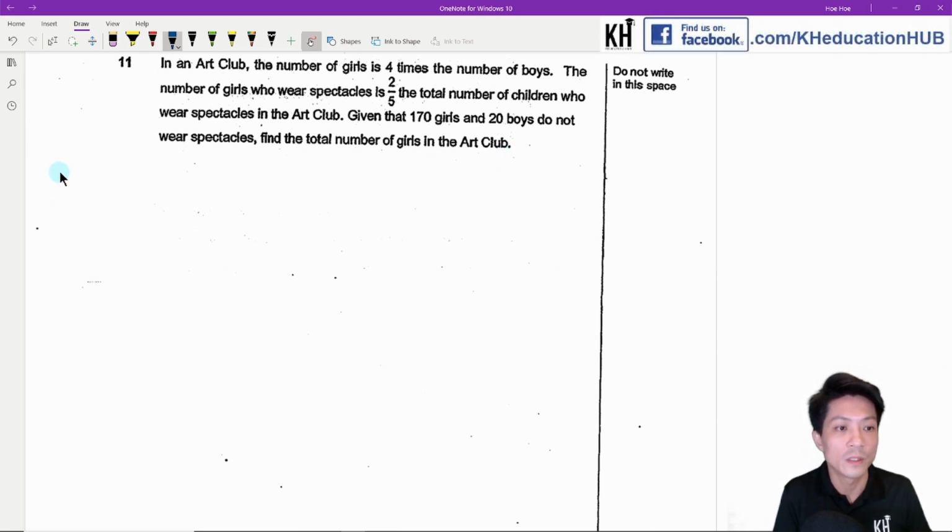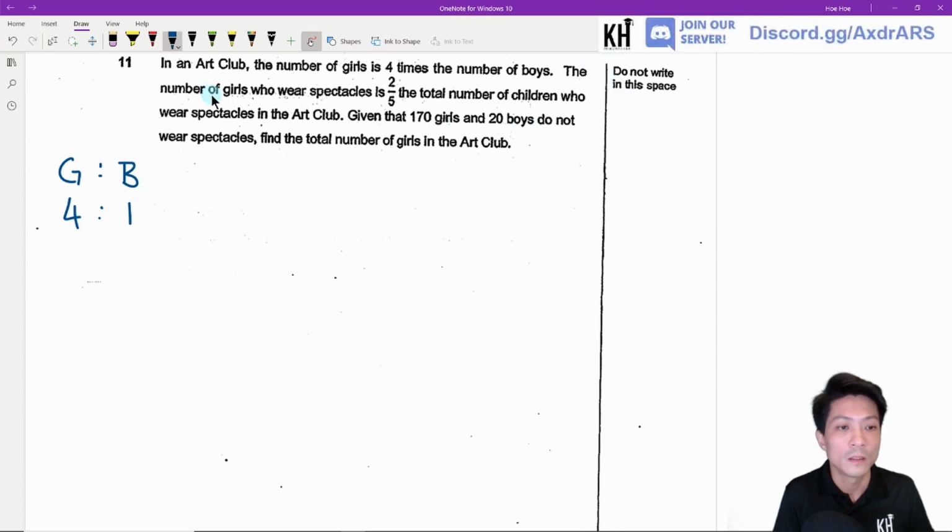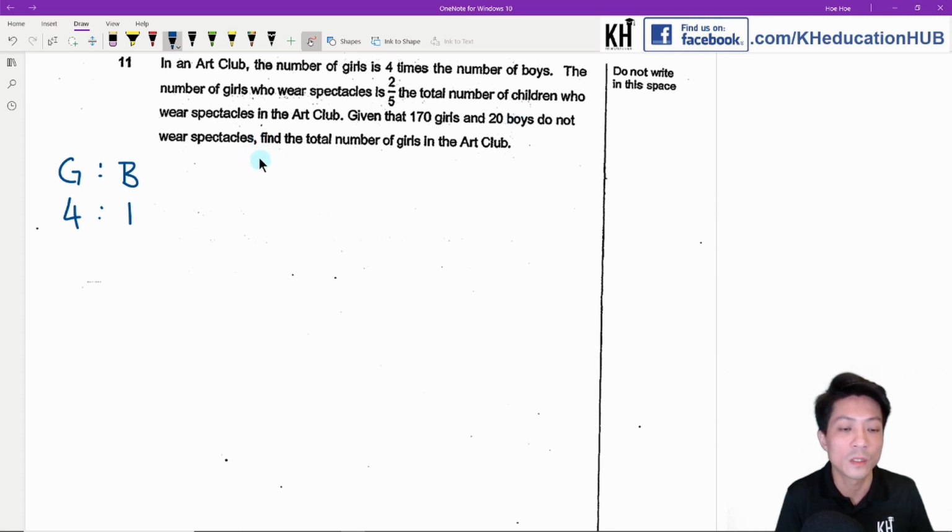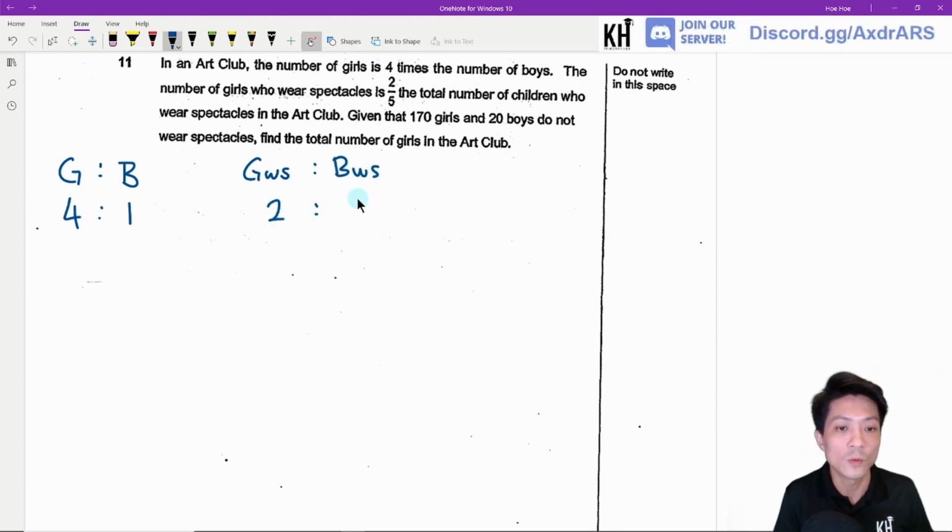The number of girls to boys is 4:1. The number of girls who wear spectacles is 2/5 the total number of children who wear spectacles, so girls that wear spectacles to boys that wear spectacles is basically 2:3.